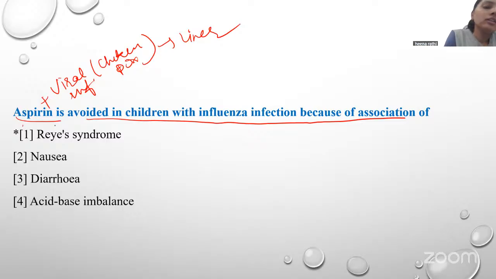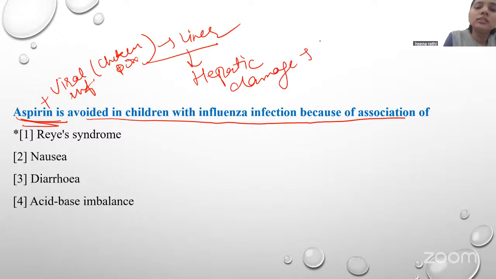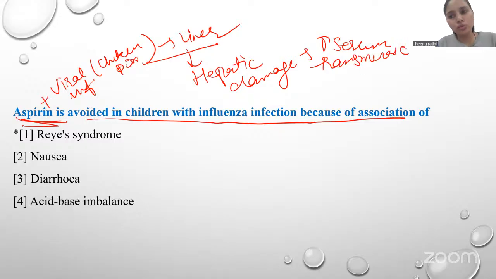And when aspirin is given to those persons, there is excessive hepatic damage. Because of that, there will be an increase in the serum transaminase. So it should be avoided in those children who are recently recovering from viral infections. So we should not give it to them.